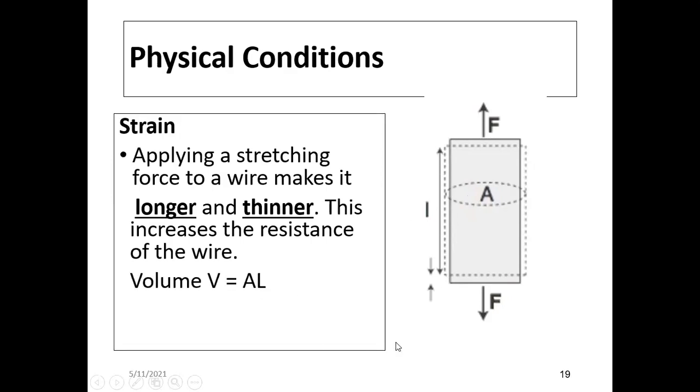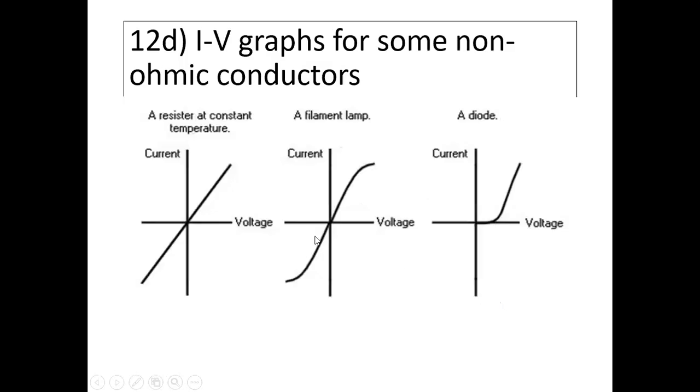Remember, the volume is always constant. So if the length becomes longer, the area must become smaller. That's why it becomes longer and thinner. Right? So that is what you have learned in the SPM. Ohmic conductor, filament lamp, that's your diode.